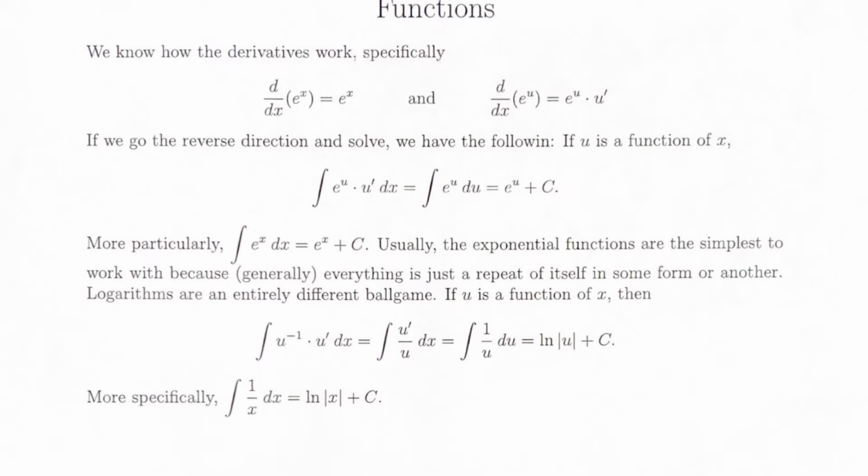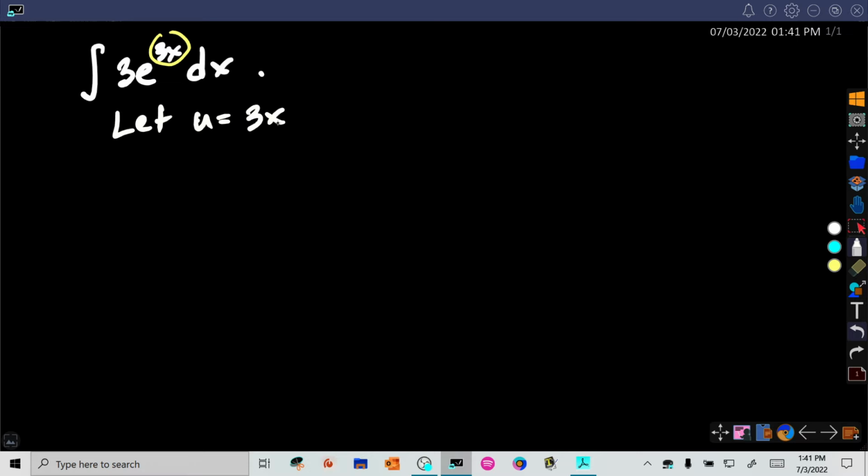All right, on this very first example, let's take a look at the integral of 3e to the 3x dx. I want you to follow the process that I'm laying out here. It's going to be very similar to what we did in the last section with u substitution. So in this case, we're going to set u equal to that guy. I'm going to let u equal 3x.